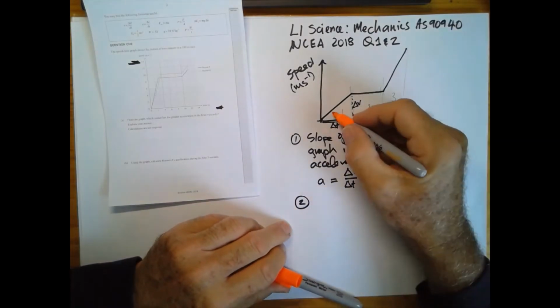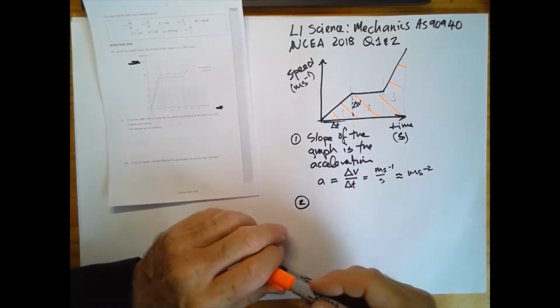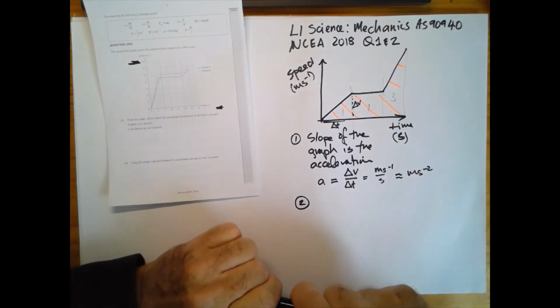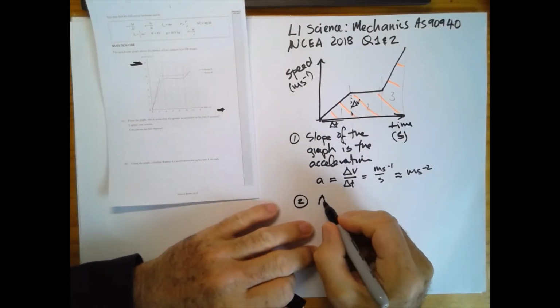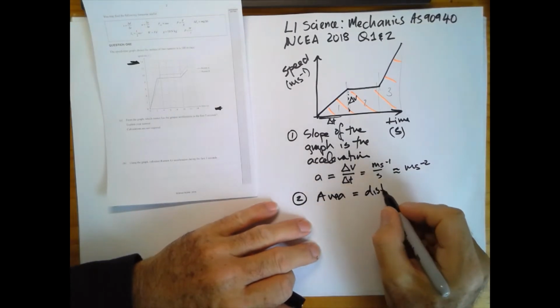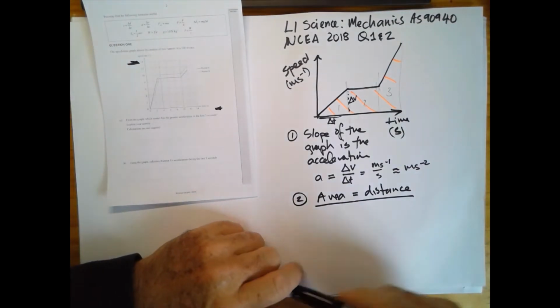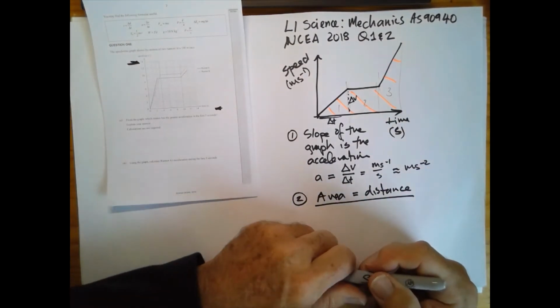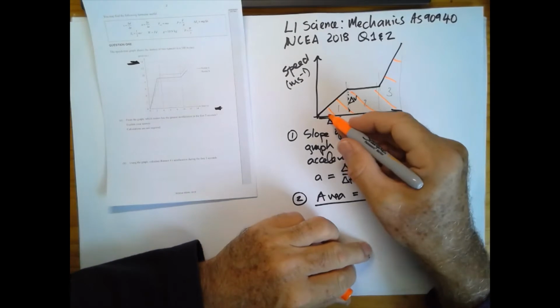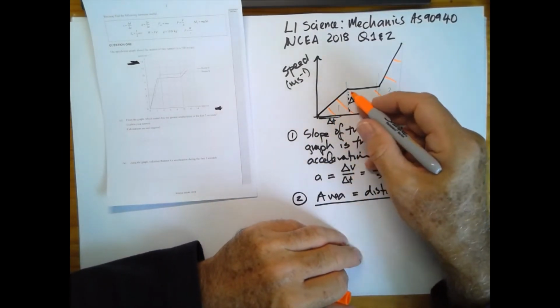When we look at this graph here, if we can calculate this area, the area is equal to the distance the object has traveled. The area under equals the distance the object's traveled. Now it's not easy to work out the area of this large, strange shape here.